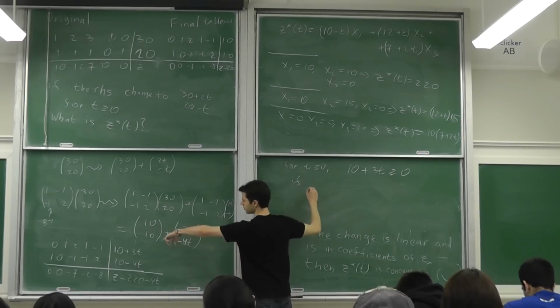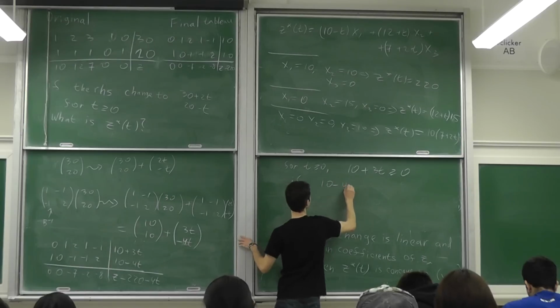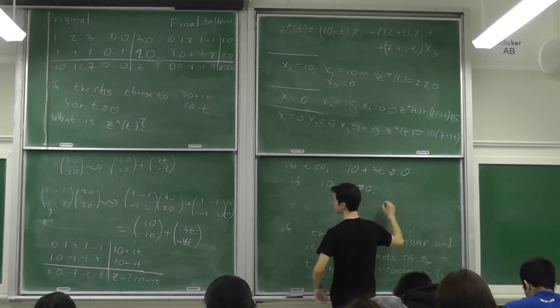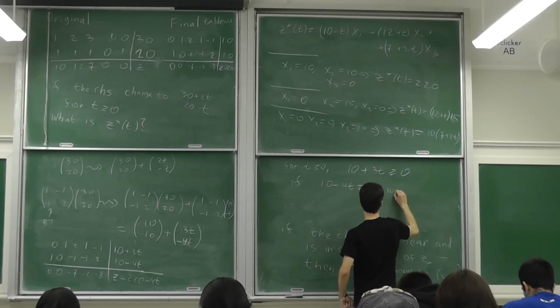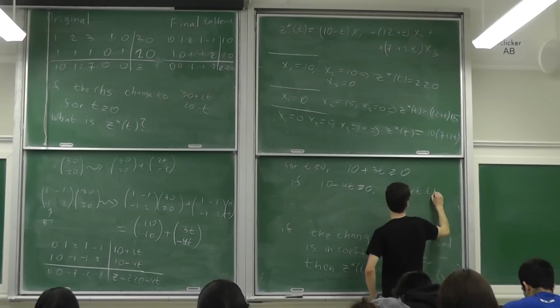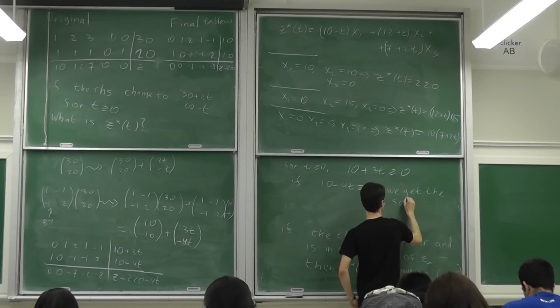So if the second thing is positive, 10 minus 4t is positive, we get the solution.